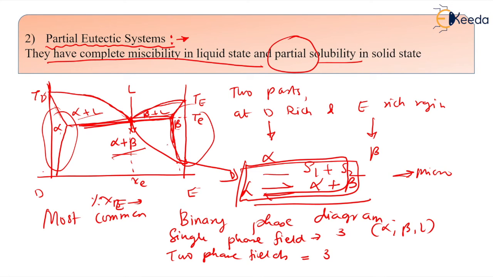So we are going to have various microstructures, but in the type 1, as this is D rich and E rich, we have the solid solution here. In first type eutectic we didn't find it, so that is why these microstructures are also not there in the first type.